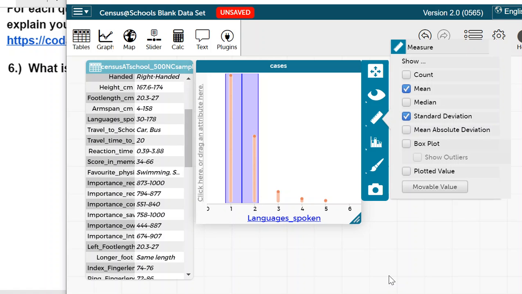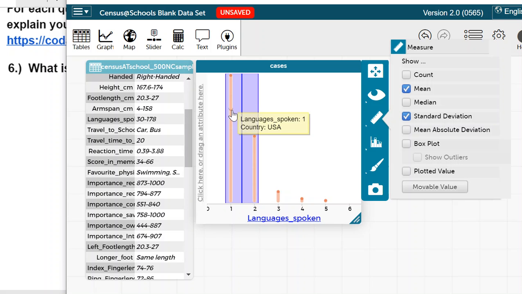Remember, we said that 68% of our data points should fall within one standard deviation, plus or minus. And that's what's happening here, is that my mean is 1.47, 1.5 languages, if that's possible. And then my standard deviation is 0.69, so that would be 1.47 plus 0.69 and minus 0.69.